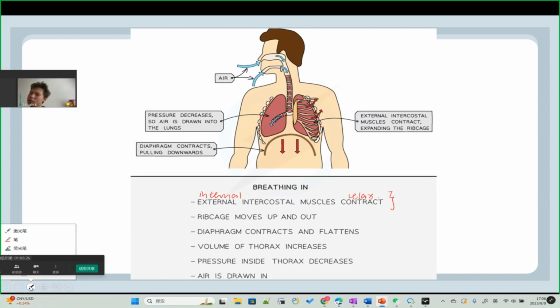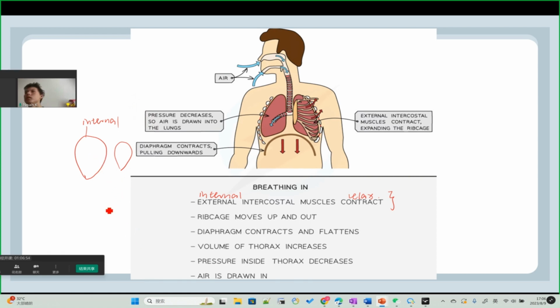You can imagine that the actual volume of the lungs are controlled by the internal ones. So, for example, we have a balloon here, and you just imagine the surface as the internal intercostal muscle. If this one contract, then the volume will get smaller.